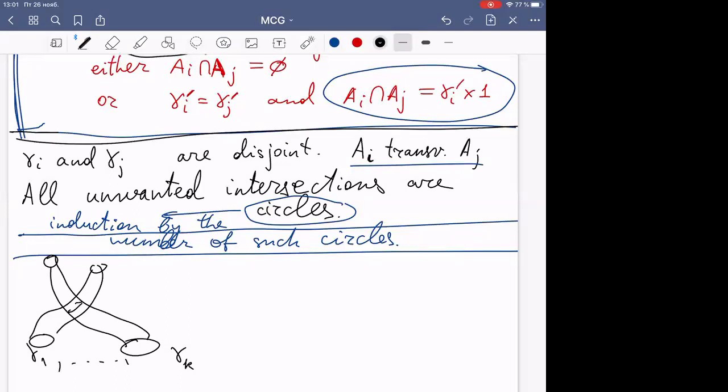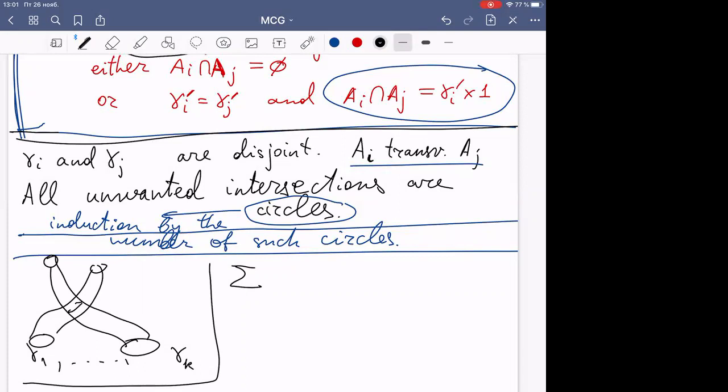And the first idea is indeed to take the sum over all intersections, but we do not count intersections between those annuli that correspond to non-disjoint curves.